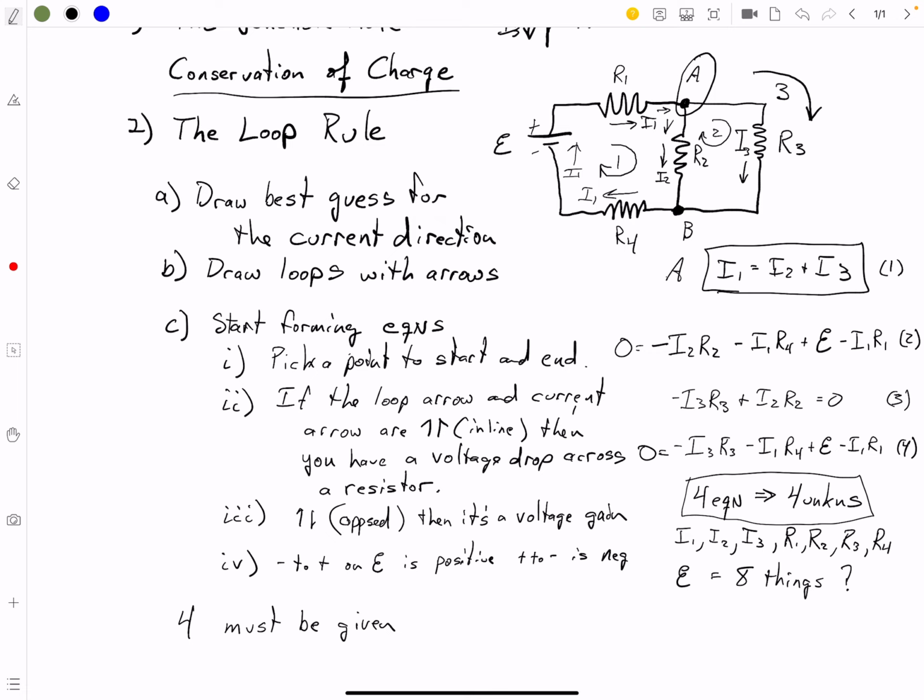If I just give you resistors, it's doable. Do I have to give you one of the currents at least? I'd probably give you one of the currents and then maybe leave off the EMF and one of the resistors. But at any rate, yeah, 4 must be given, and then you can solve.